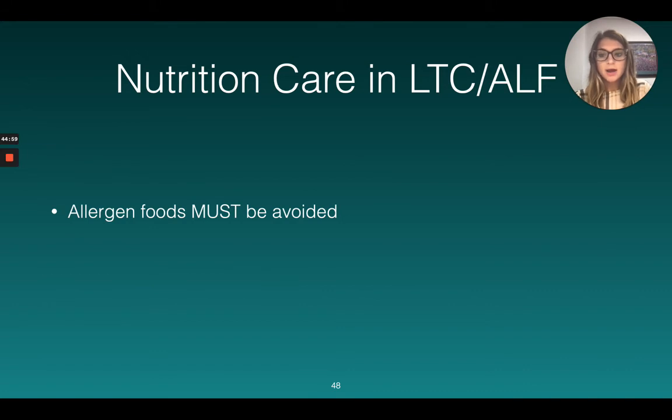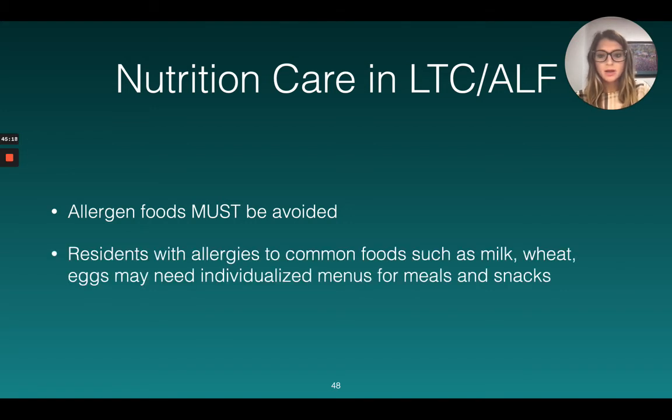For anyone with an allergy, that food must be avoided at all costs. Because those tiny trace amounts can elicit a large response and can be fatal to someone, it's extremely important that a food allergy is taken seriously and that the food is avoided. Residents with allergies to common foods, especially with severe reactions, such as milk, wheat, and eggs, may need individualized diets for meals and snacks.